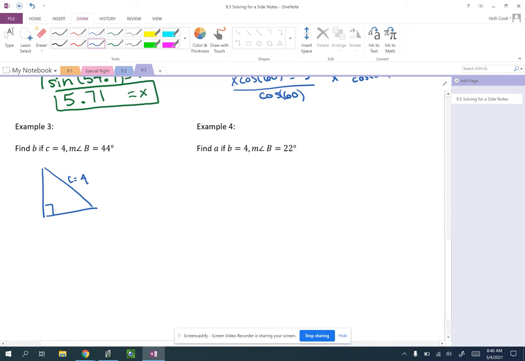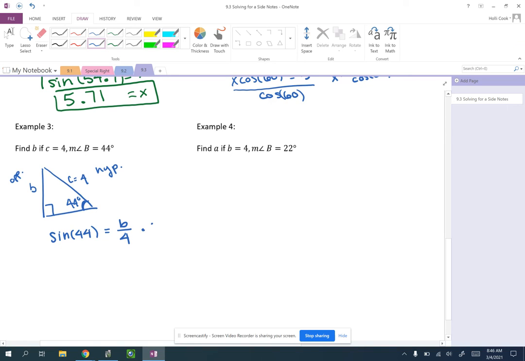And then B, it doesn't matter which side is B. So I'll just say that side's B. And we know our angle B is 44 degrees. Okay, so B is going to be our opposite side. C is our hypotenuse. So opposite over hypotenuse is going to be sine. So the sine of 44 is equal to B over 4.